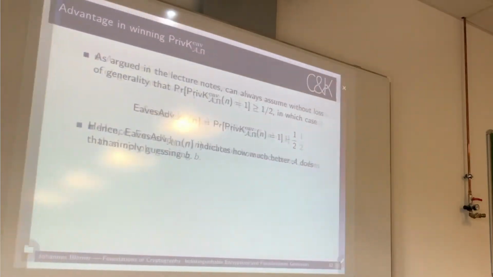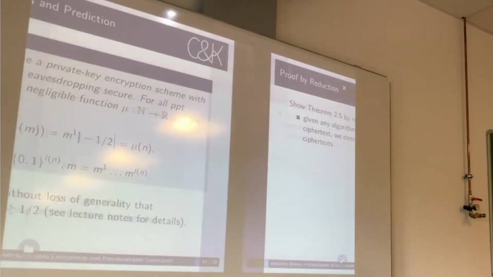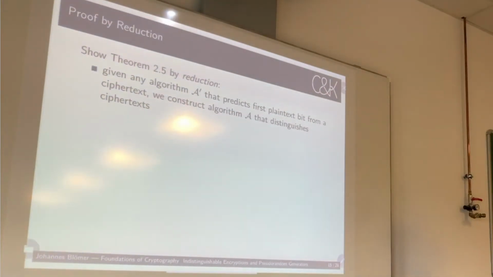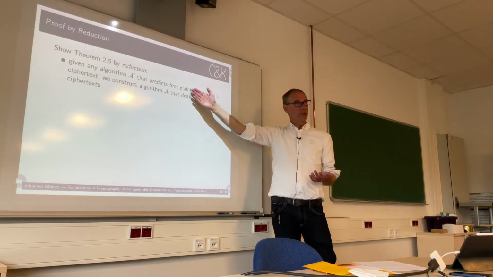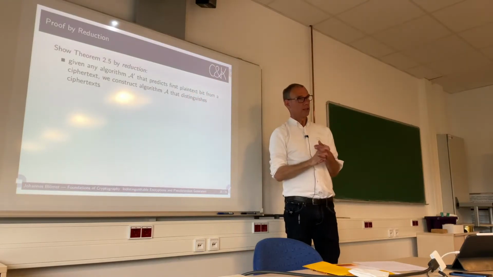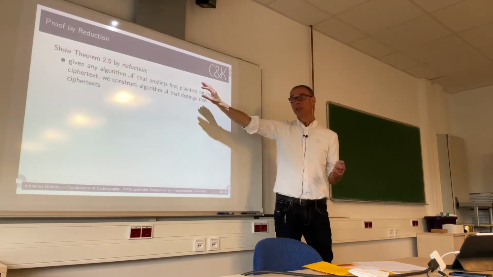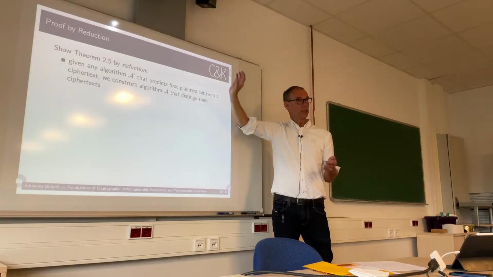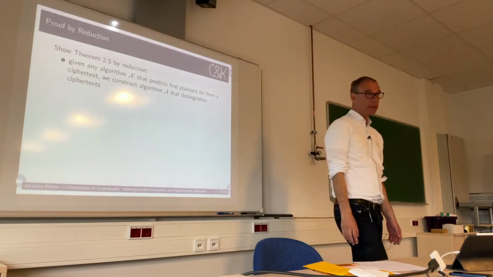So this is the general theme that we have in all our proofs. We want to show that some security notion implies another security notion, and then we take an adversary against the other security notion, and from that construct an adversary against the original security notion. Here, predicting plaintext bits to distinguishing messages or ciphertext. Yeah?